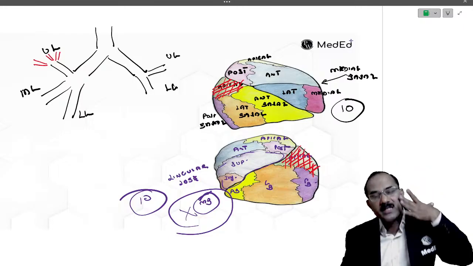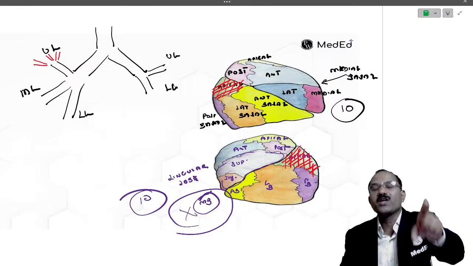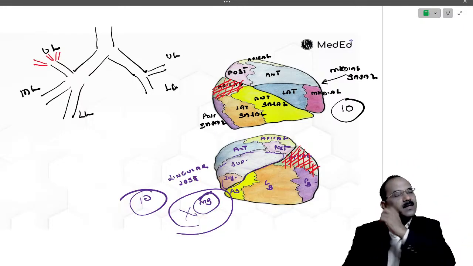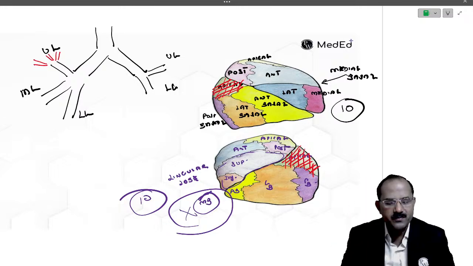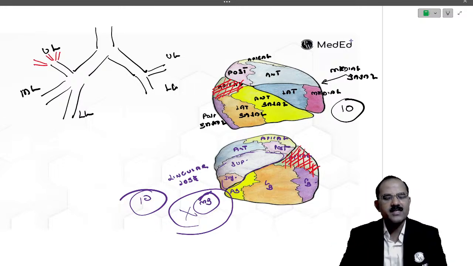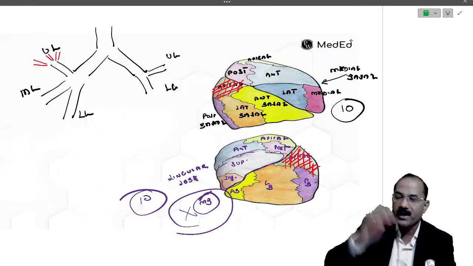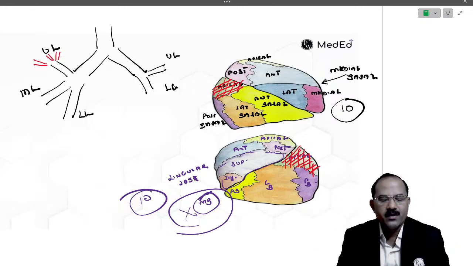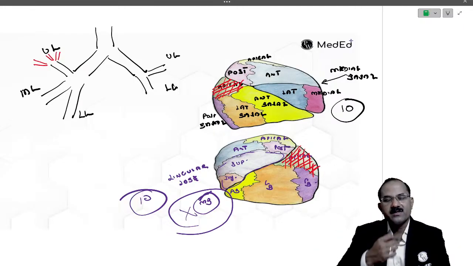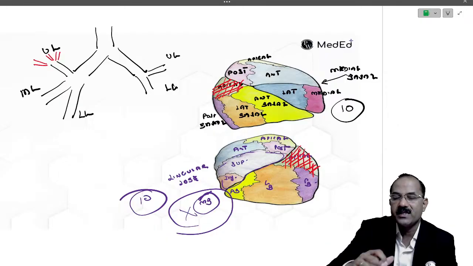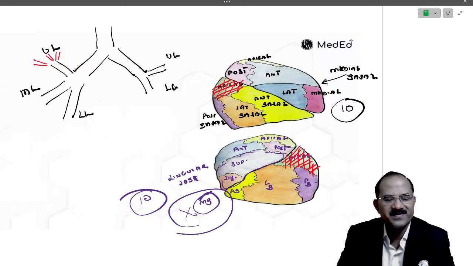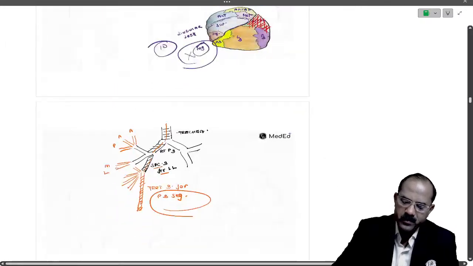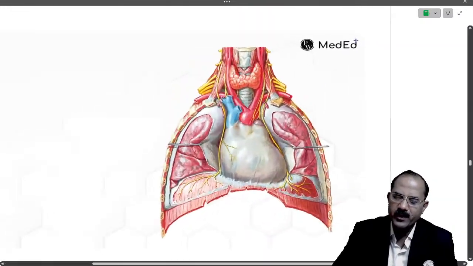So aspiration pneumonia is very common in the apical segment of the lower lobe. Clear? Aspiration pneumonia is very common in the apical segment of the lower lobe, whereas a foreign body which enters the lung goes to the posterior basal segment of the right lung. Hope this is clear to all of you. Perfect. Very good.